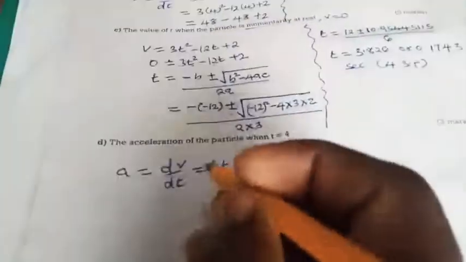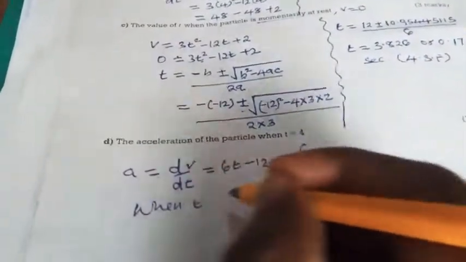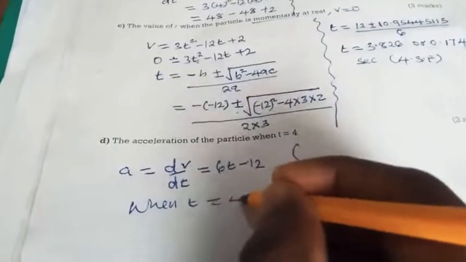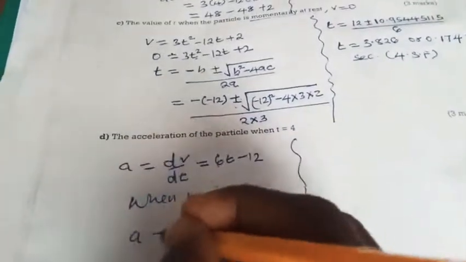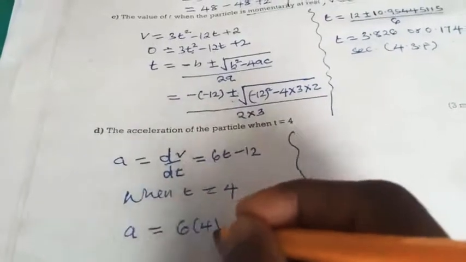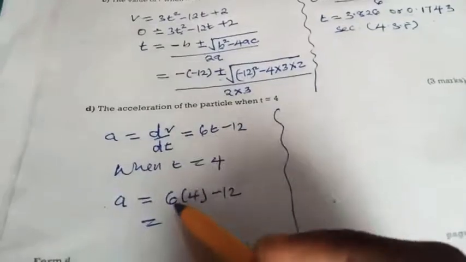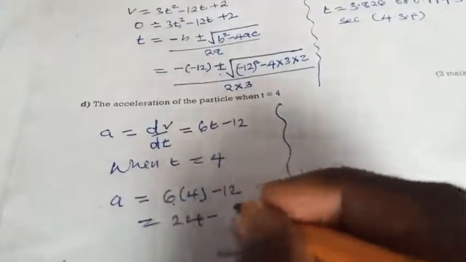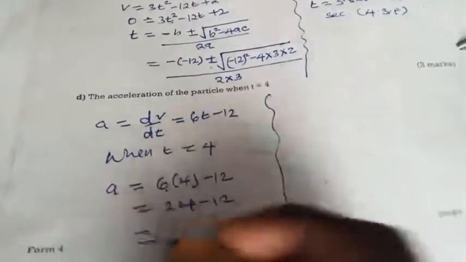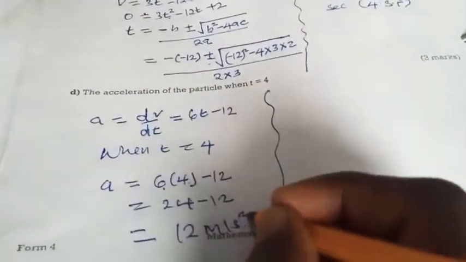So when t is equal to 4, acceleration is going to be 6 times 4 minus 12. So 6 times 4 is 24 minus 12. Therefore, the answer is 12 meters per second squared.